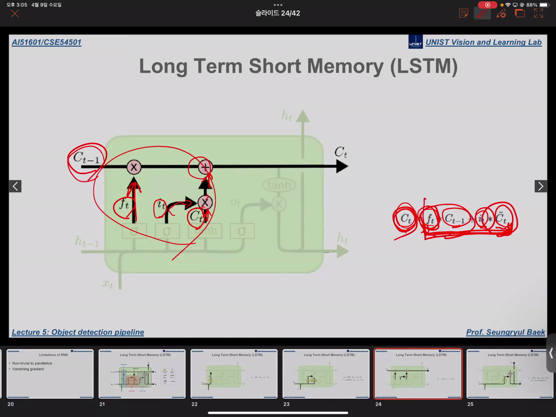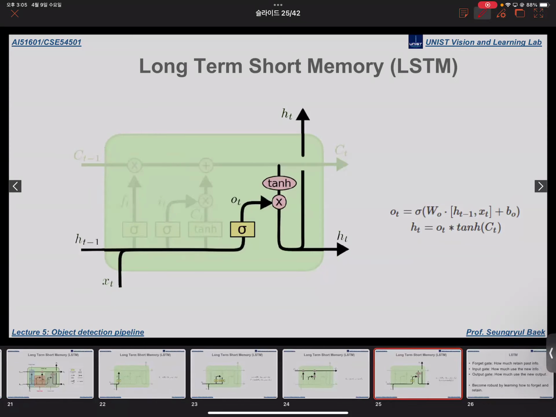This reduces the vanishing gradient problem. We can actively control the contribution of the previous and current time steps' information, and that leads to reducing the vanishing gradient.